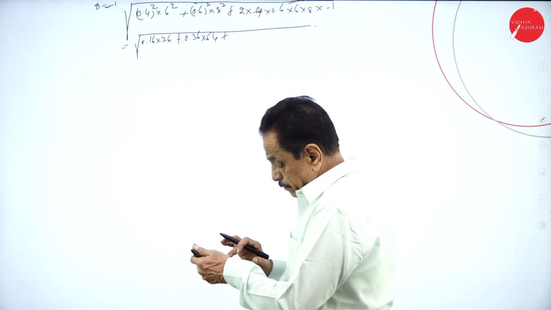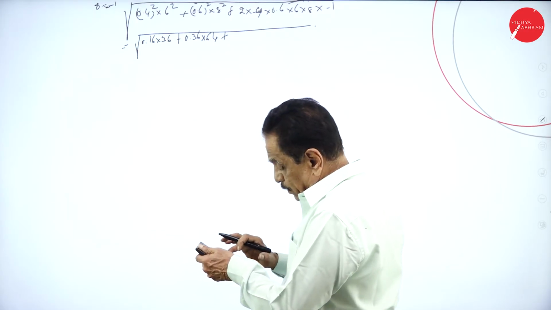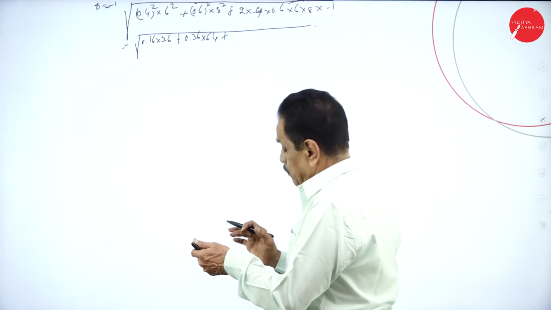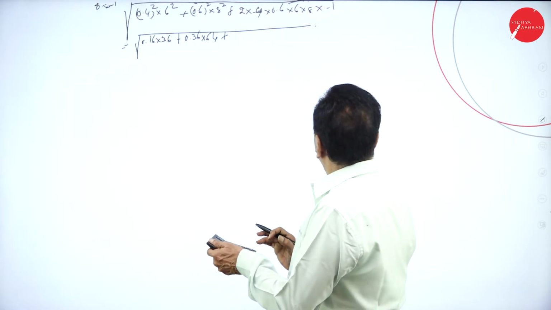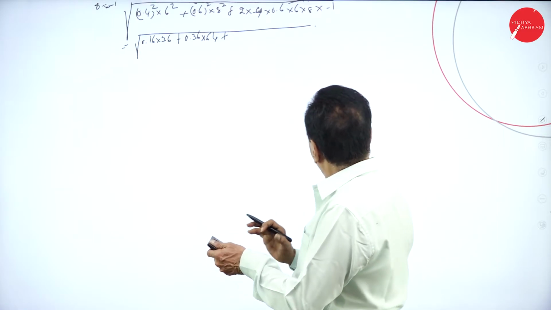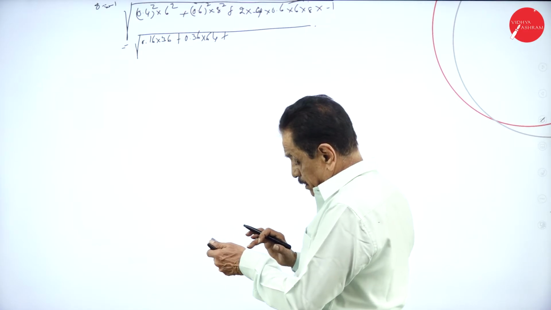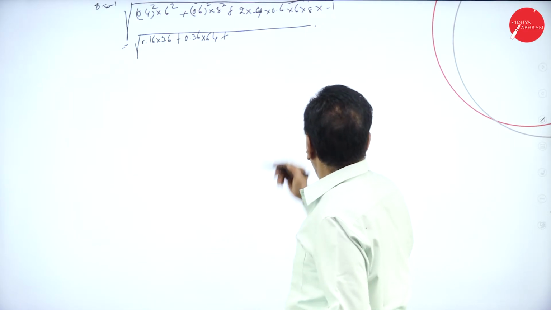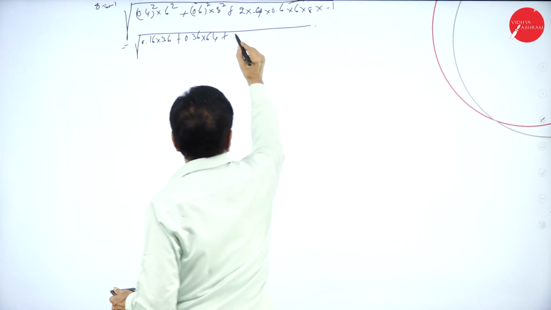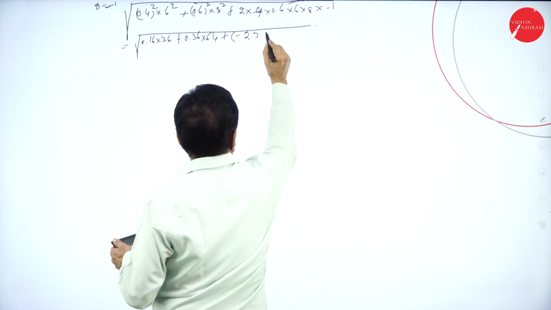2 into 4 into 0.4 into 0.6 into 6 into 8 into minus. This is minus 23.04.